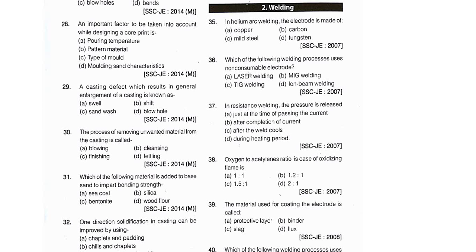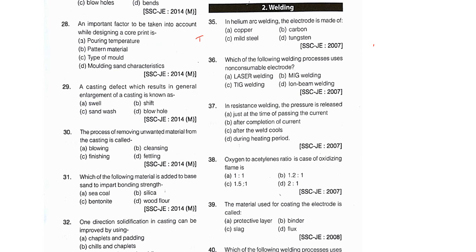So question number 35. In helium arc welding, the electrode is made of copper, carbon, mild steel, or tungsten. When we talk of helium arc welding, you can consider it as TIG welding.